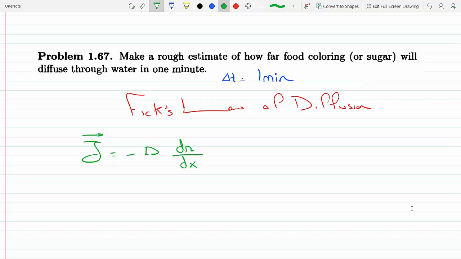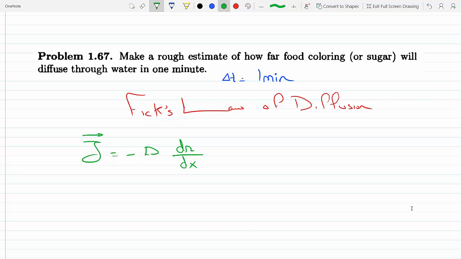And the minus sign is there because if dn over dx is positive, meaning as you go to the right on the x-axis there are more particles available, particles will tend to go towards where there are fewer particles, so they will tend to go in the negative x direction. That's where the minus sign comes in.